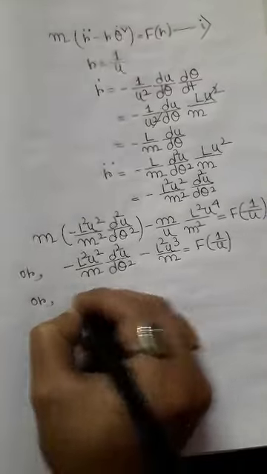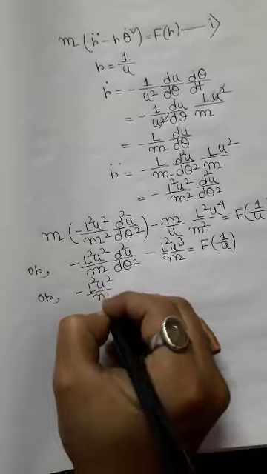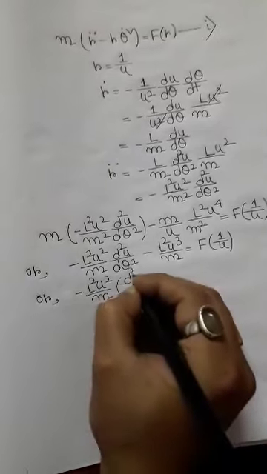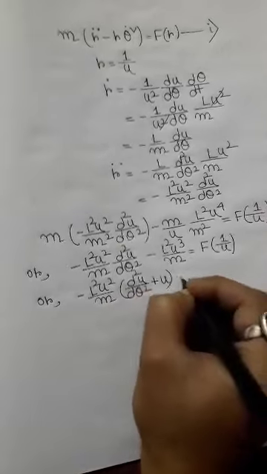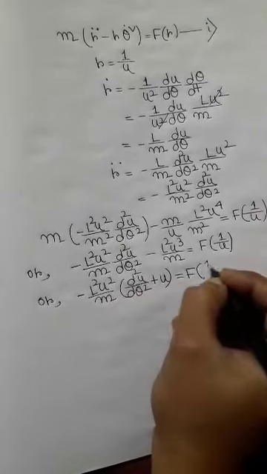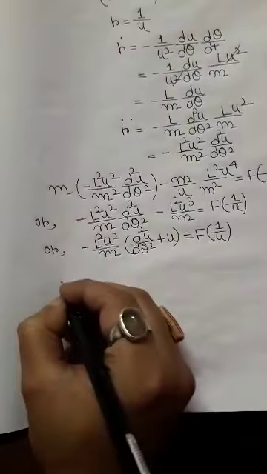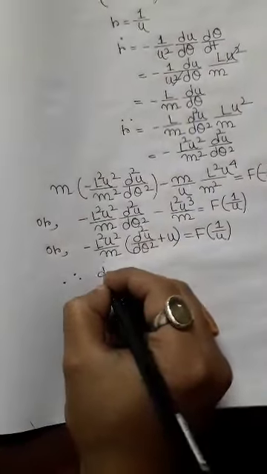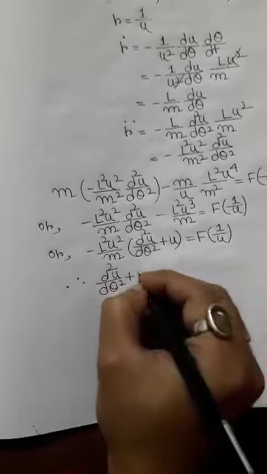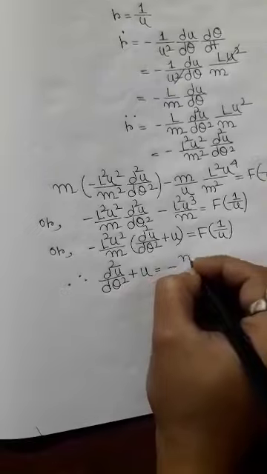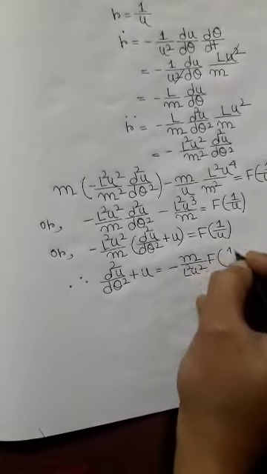So if we take minus L square u square by m common, then we get d2u d theta 2 plus u. So finally we can write d2u d theta 2 plus u is equal to minus m by L square u square into f of 1 by u.